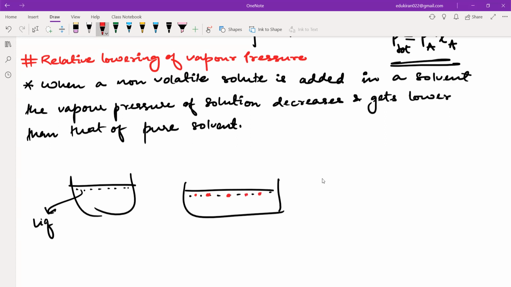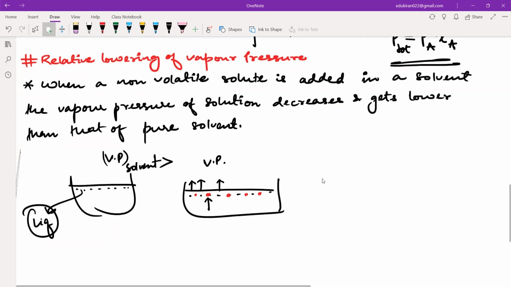Some of the surface area is getting occupied by the solute particles, and the solvent molecules are getting vaporized, but not as much as in the pure state, because some of the surface area is occupied by solute particles, which is hindering the vaporization of solvent molecules. And that is why the vapor pressure of the solution becomes lower than the vapor pressure of the pure solvent. Is this clear? Yes or no? Please tell me. Yes, sir.